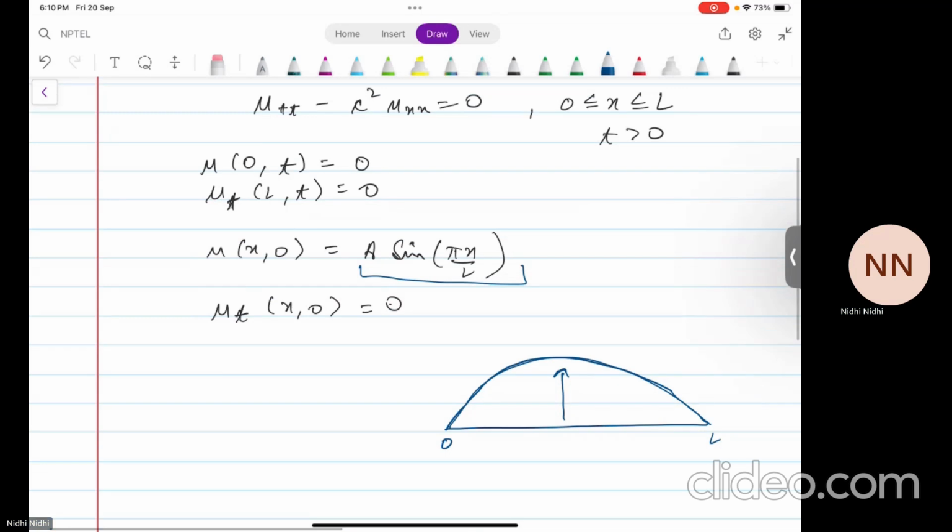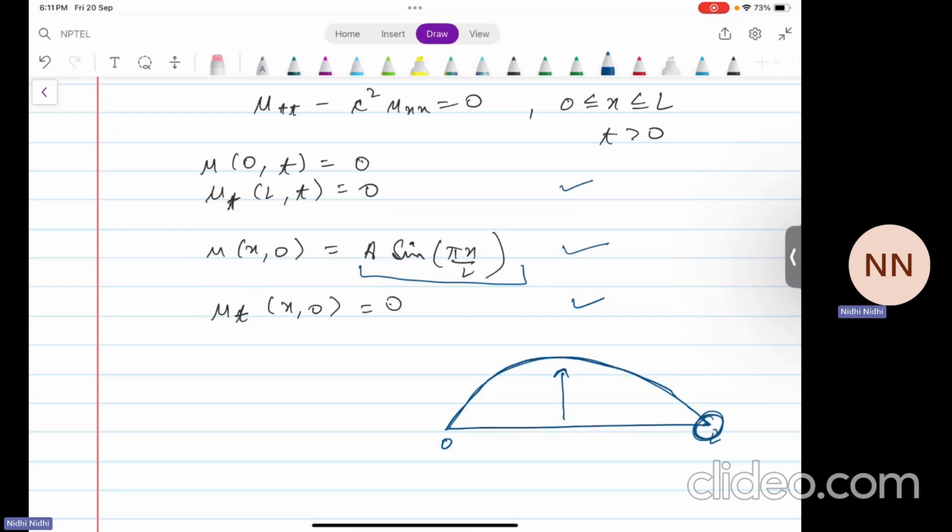And at time t equals 0, it is stationary, so it is not moving initially. This tells us this part. And u(L,t) equals 0 tells us that the vibration had stopped at this point, so from here also it is stationary.